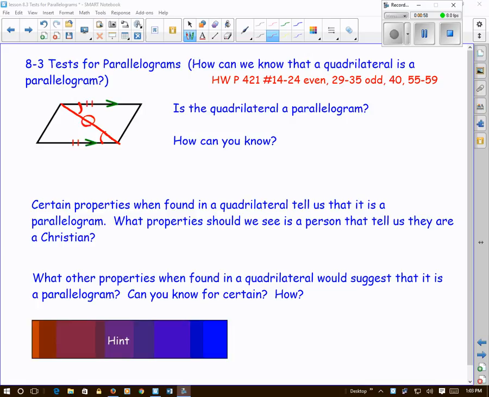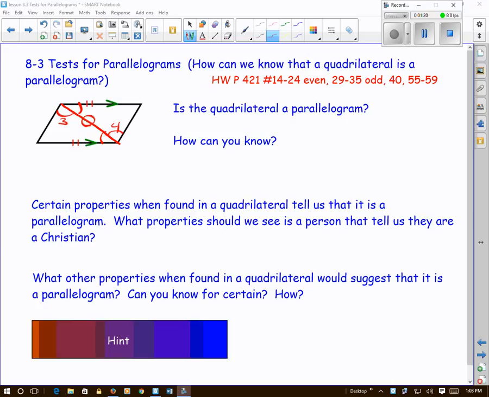So we can know then that the triangles are congruent. And so if the two triangles are congruent, then we have that angle 3 here and angle 4 are congruent by CPCTC.